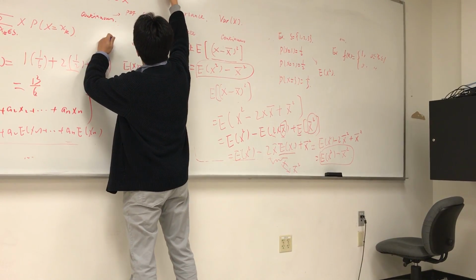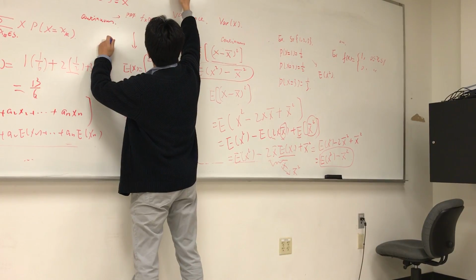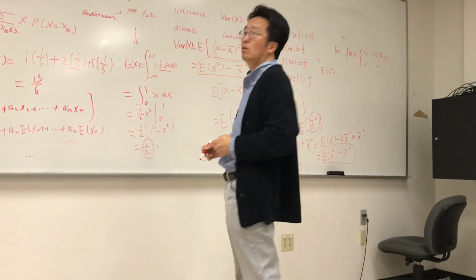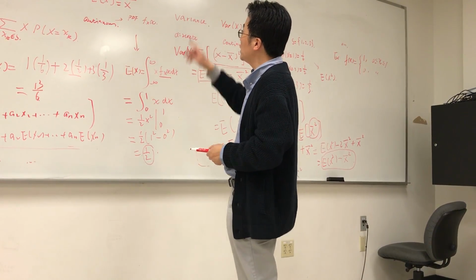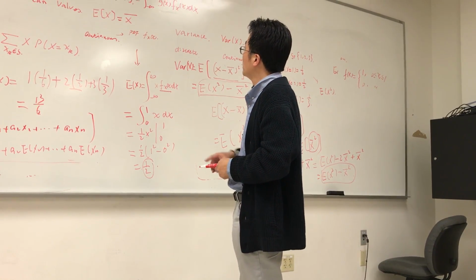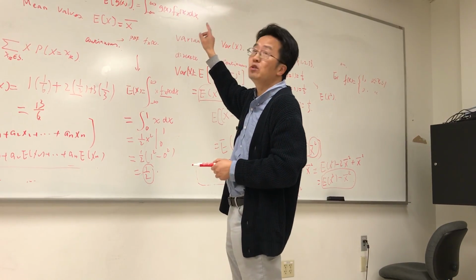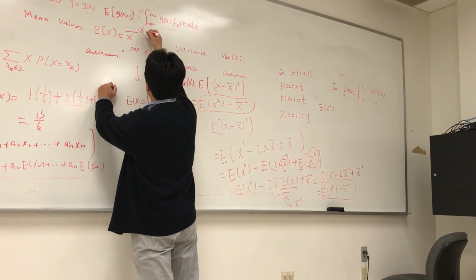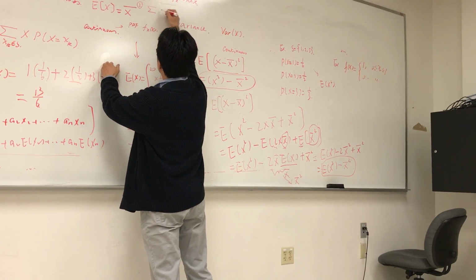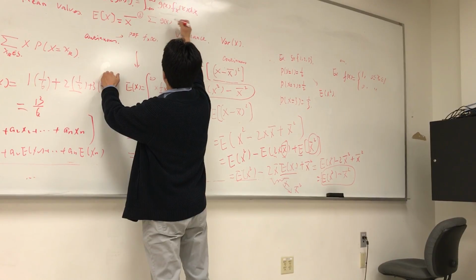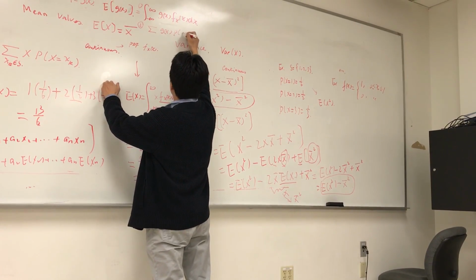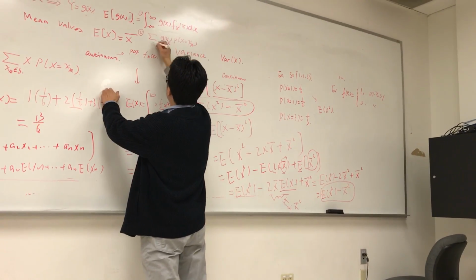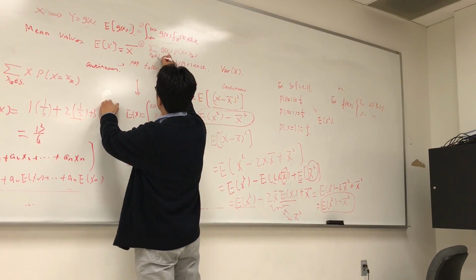The integral of g of x times f of x dx. This is the continuous case. For discrete, it will be the summation of g of x times the probability that X equals x_k, with x_k belonging to the sample space.